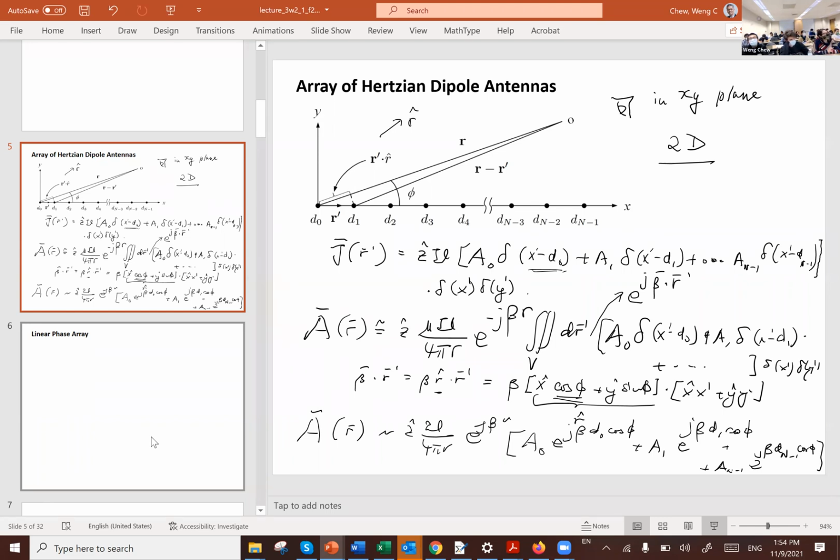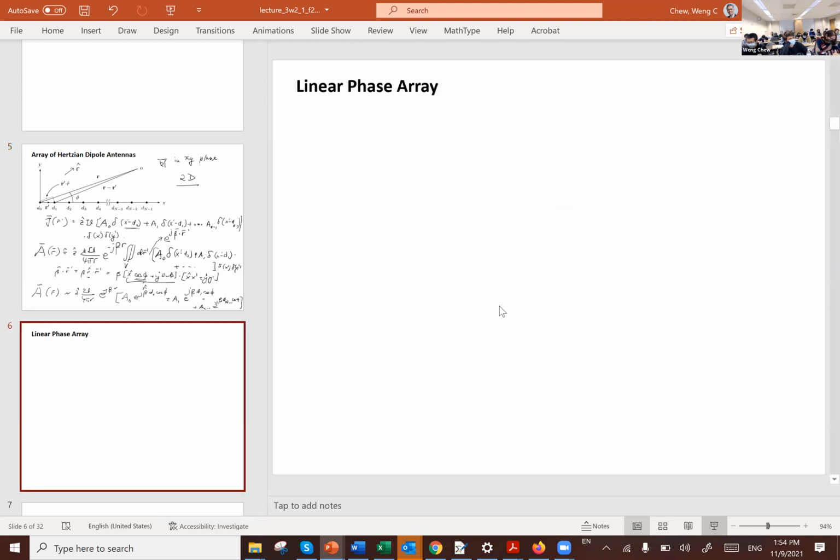Let's make life simpler by choosing a form where you can sum this series in closed form. So let's choose the form that Bn is nD. If we choose this to be the case, then all the dipoles in the array are equally spaced.